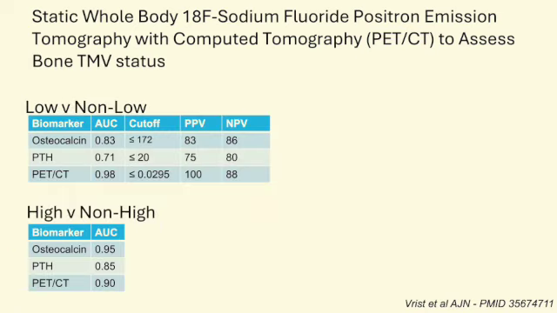When they did the discrimination analysis, they compared PET-CT with PTH and with osteocalcin as markers of turnover. They found that for differentiating low from non-low turnover, PET-CT did have the highest AUC, but for discriminating high from non-high turnover, PET-CT fell somewhere between osteocalcin and PTH.